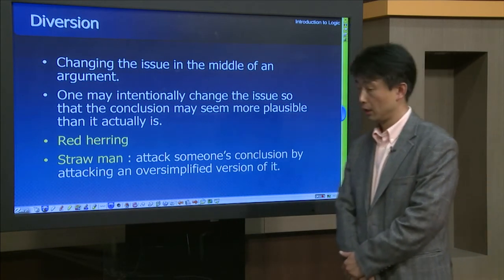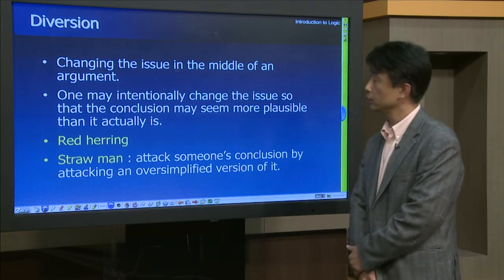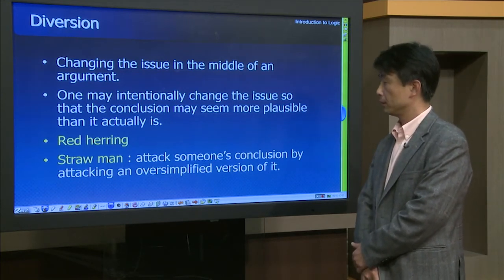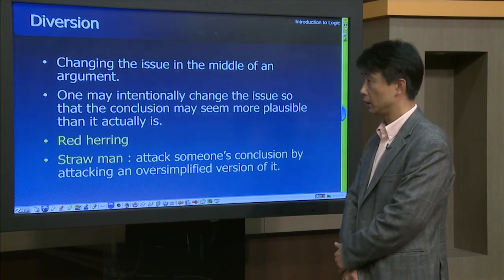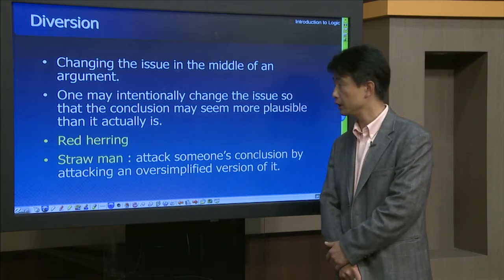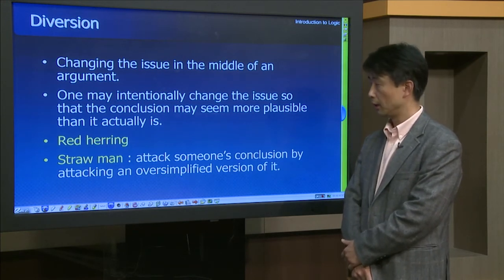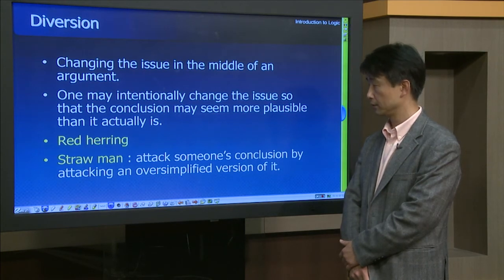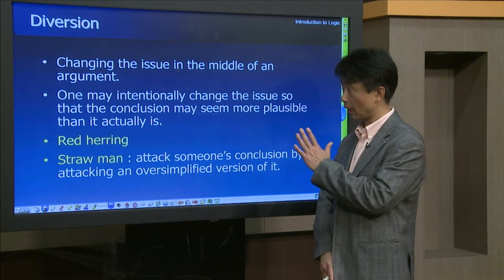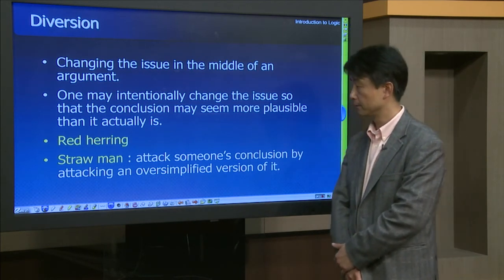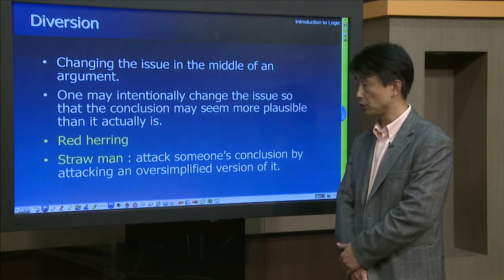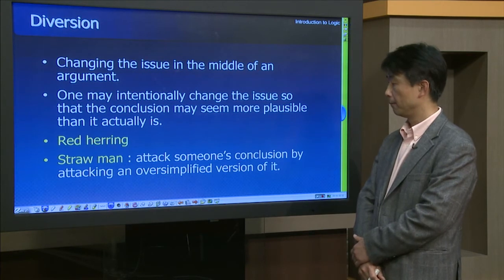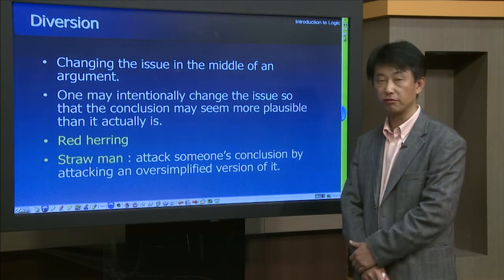Diversion. We are almost done. Diversion is changing the issue in the middle of an argument. This fallacy may occur intentionally. One may intentionally change the issue so that the conclusion may seem more plausible than it actually is. Diversion is also called a red herring. A species of diversion is a straw man. Attack someone's conclusion by attacking an oversimplified version of it.